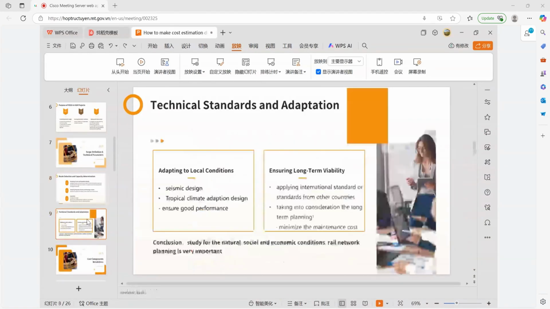Also, technical standards and adaptation design will be preconditions for cost estimation. As for the adaptation design, we need to adapt to local conditions.